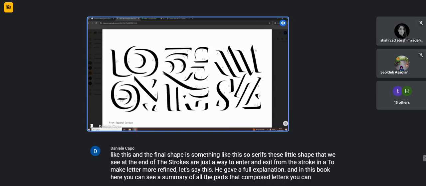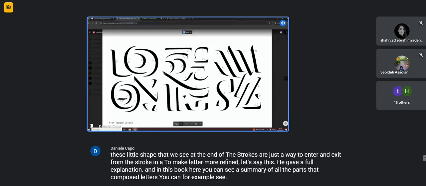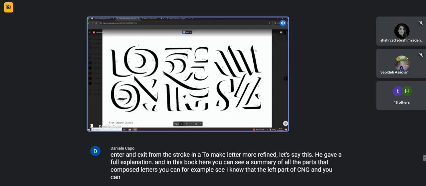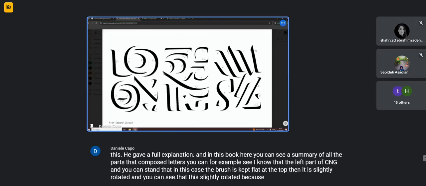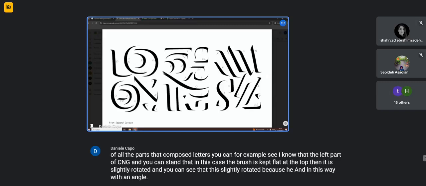You can, for example, see the left part of C and G, and you can understand that in this case the brush is kept flat at the top, then it is slightly rotated, and you can see that it's slightly rotated because it ends in this way with an angle here.